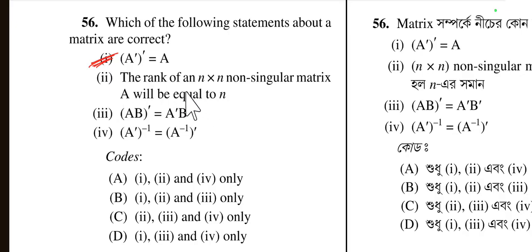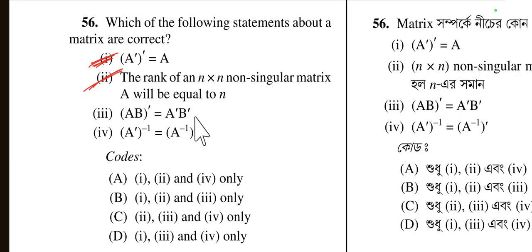Then the rank of an n into n non-singular matrix A will be equal to n. This is also correct because a non-singular, that is invertible, n into n matrix has full rank, which is n. So the second option is also correct. Then A B whole transpose is equal to A dash into B dash.